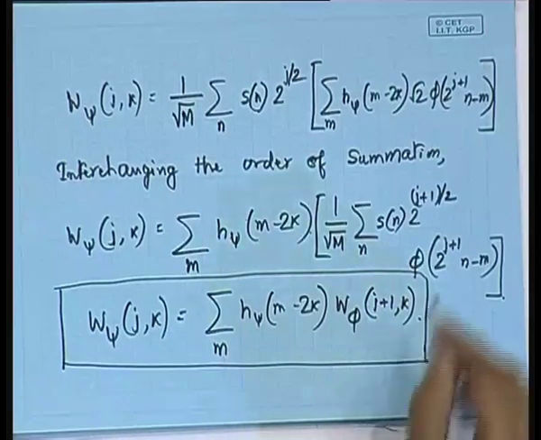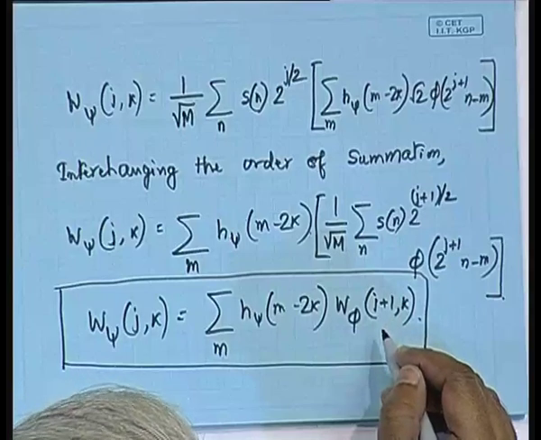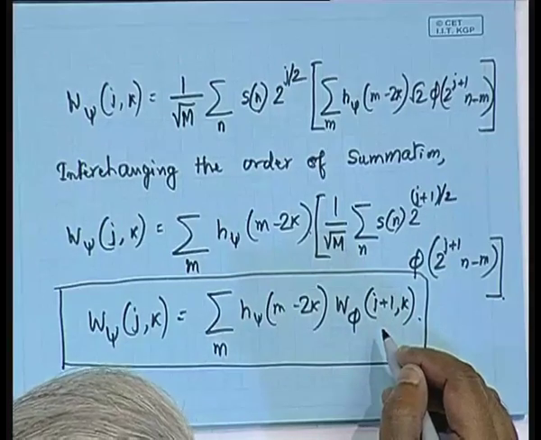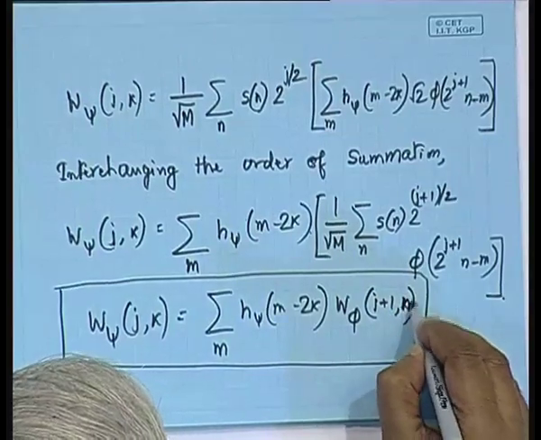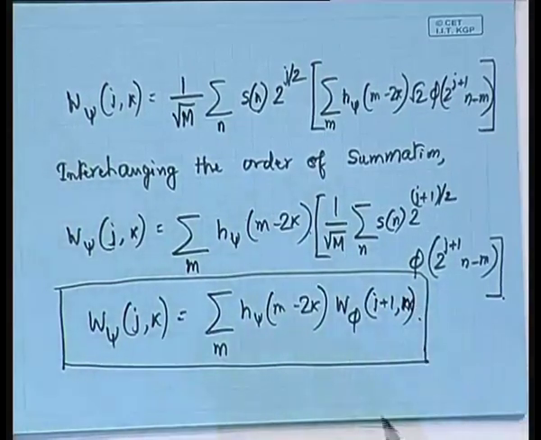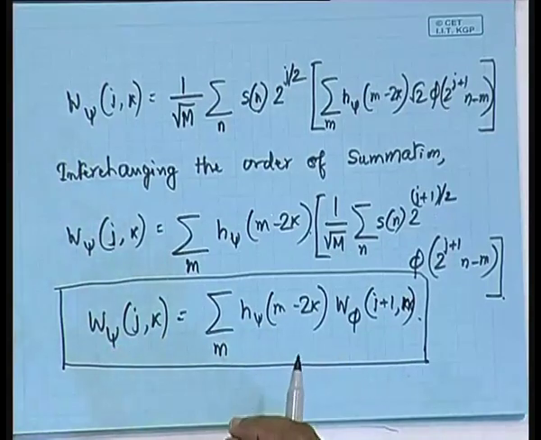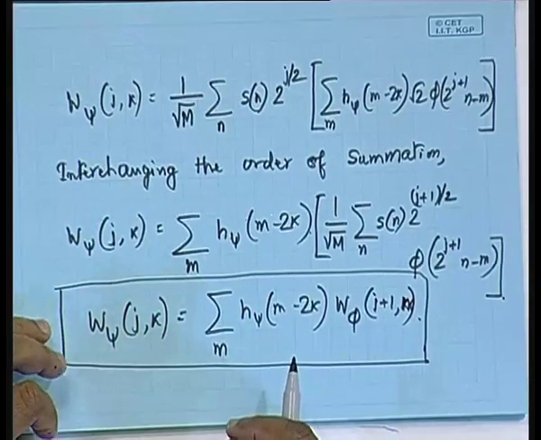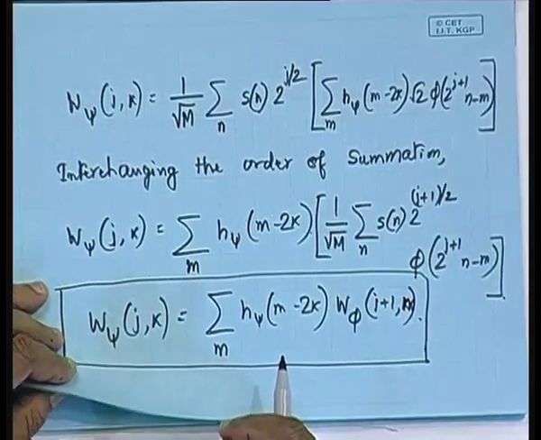Yes, that is true, because the index we are using is m. So, this is one very interesting relation that we have obtained for W psi j k, and in a very similar way we can obtain the expression for W phi j k also.